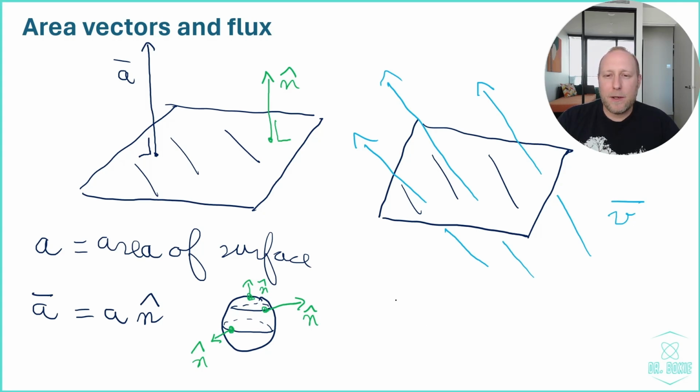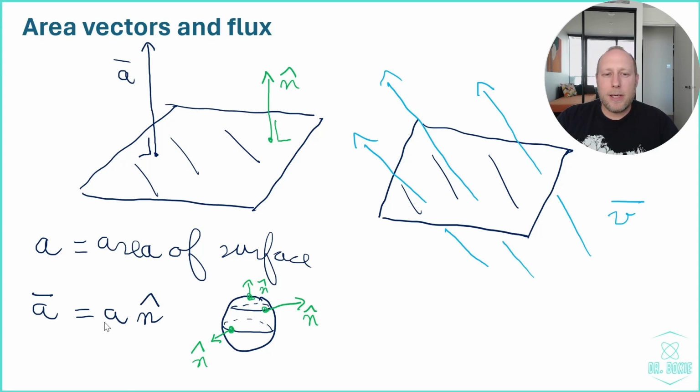Now, to calculate the flux, we don't actually need the whole vector field V. For each of those vectors, we can divide it into a component which points perpendicular to the surface that actually goes through it, and a component that is parallel to the surface, and that one just moves along the surface. It doesn't actually go through it. So if we want the flux, we don't need the whole vector V for each of those vectors, but only the component perpendicular to the surface.